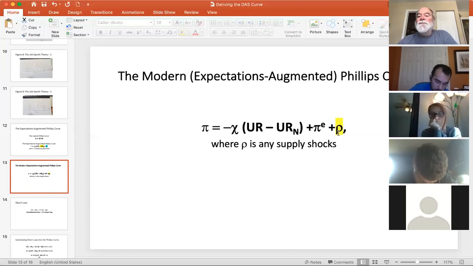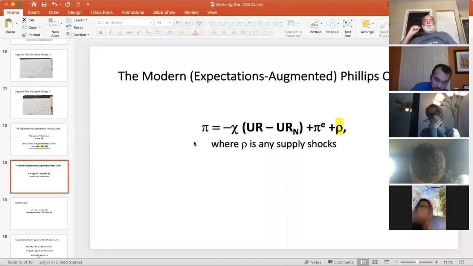If you look at the equation there, Sid, what you'll see is it raises the inflation rate on the left-hand side. So an increase in rho raises the inflation rate. A decrease in rho lowers the inflation rate. So an increase in oil prices, say, would raise the inflation rate. A decrease in oil prices would lower the inflation rate.